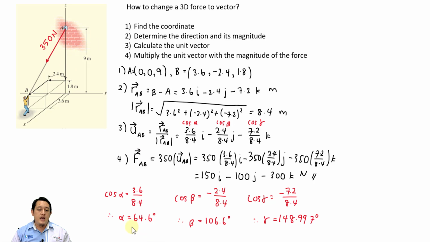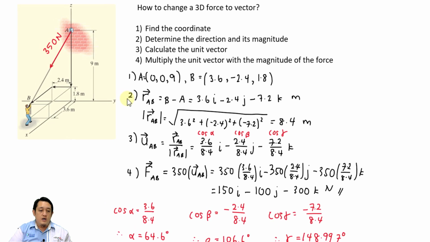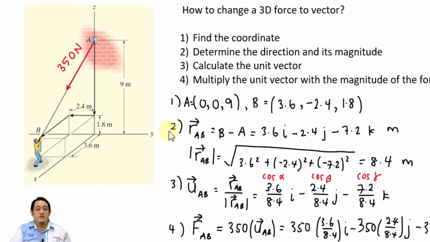We get the value of alpha as 64.6. So alpha is the angle from the positive x-axis. The positive x-axis is like this, so this one is alpha. Then beta is from the positive y-axis.